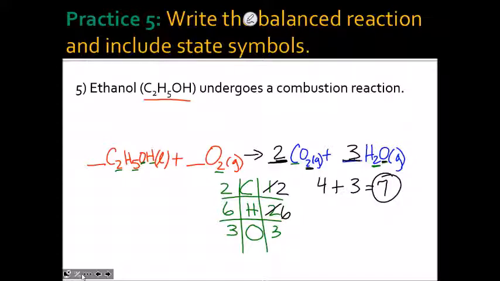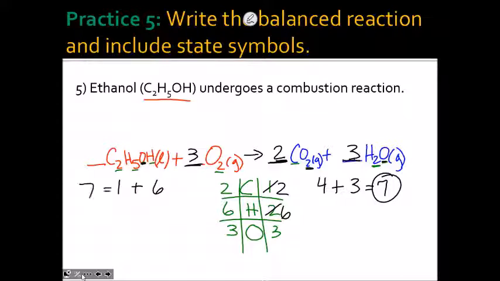Now, normally odd ones cause a problem. But if you look over here on the reactant side, in the alcohol, we have this odd one, right? So we have one here, but what can we put here to get the rest of it? Exactly right, we can put a 3 here, because 3 times 2 gives me 6, plus the 1 in the alcohol.